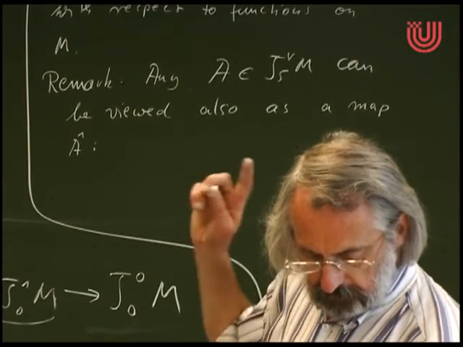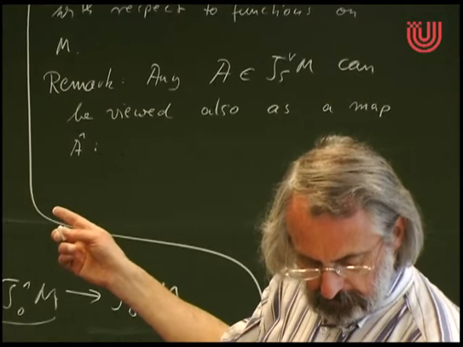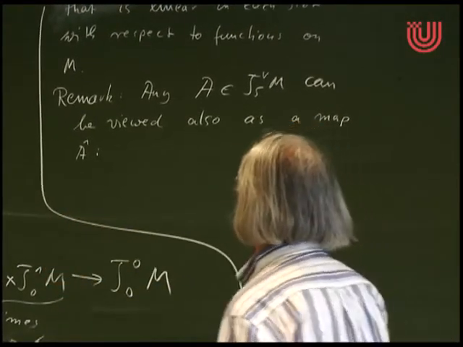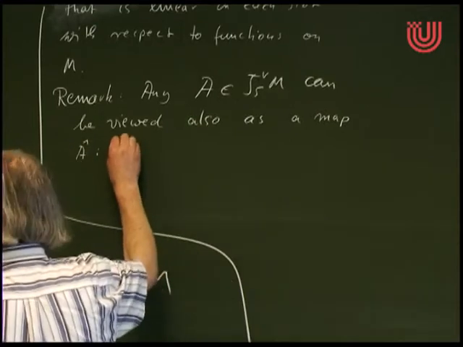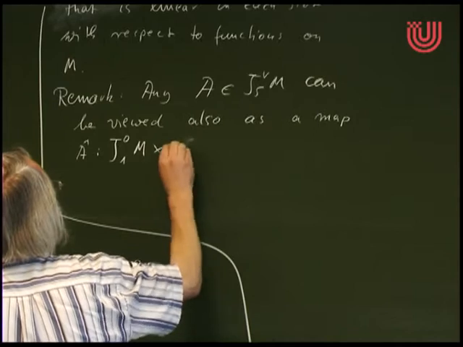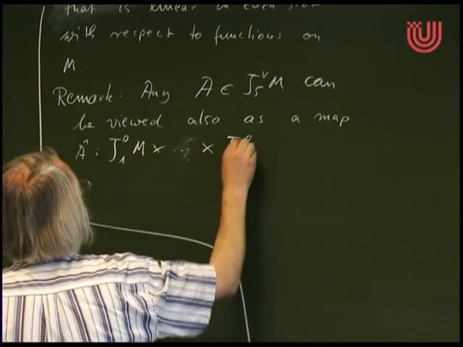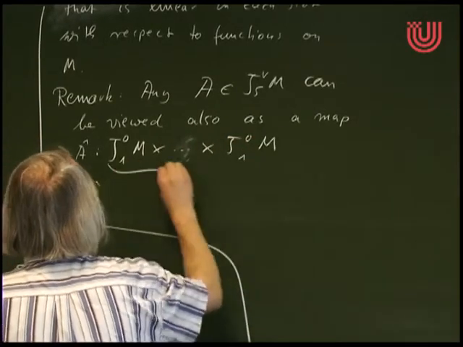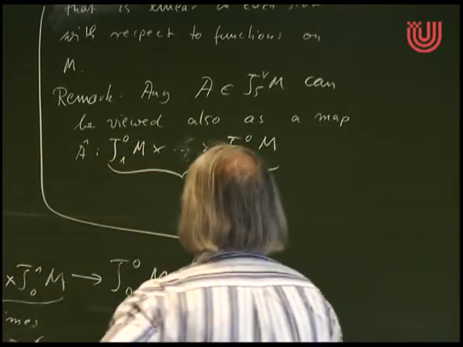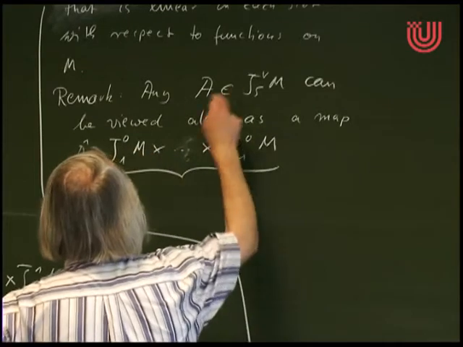So let's say my tensor field was of rank (R,S). Now let's say I feed only R minus R hat entries into it. So I have here T_0^1 M cross and so on cross T_0^1 M, but I do not have R factors. That would saturate all the slots of my tensor field A.